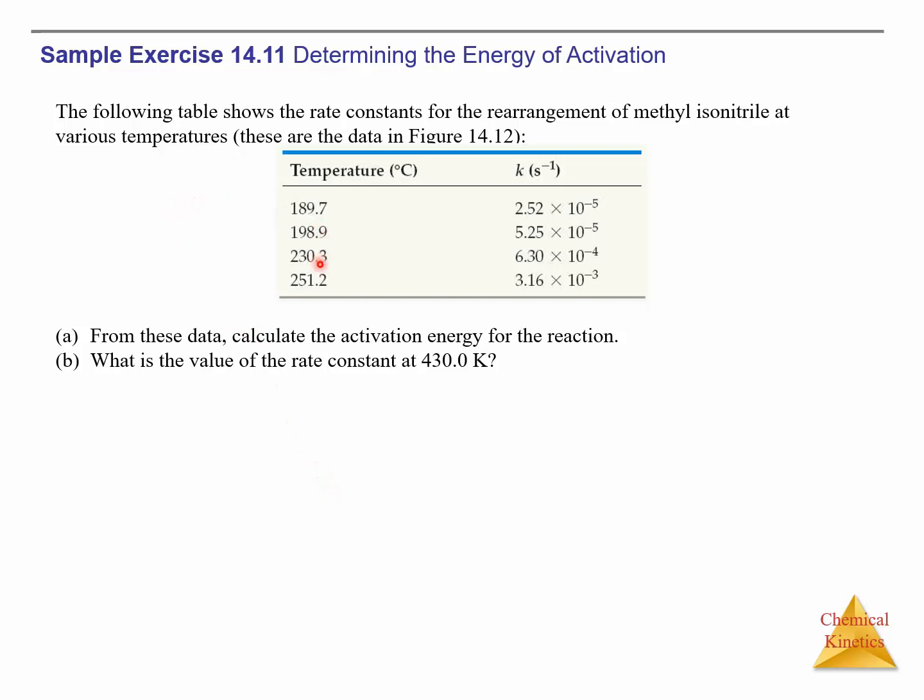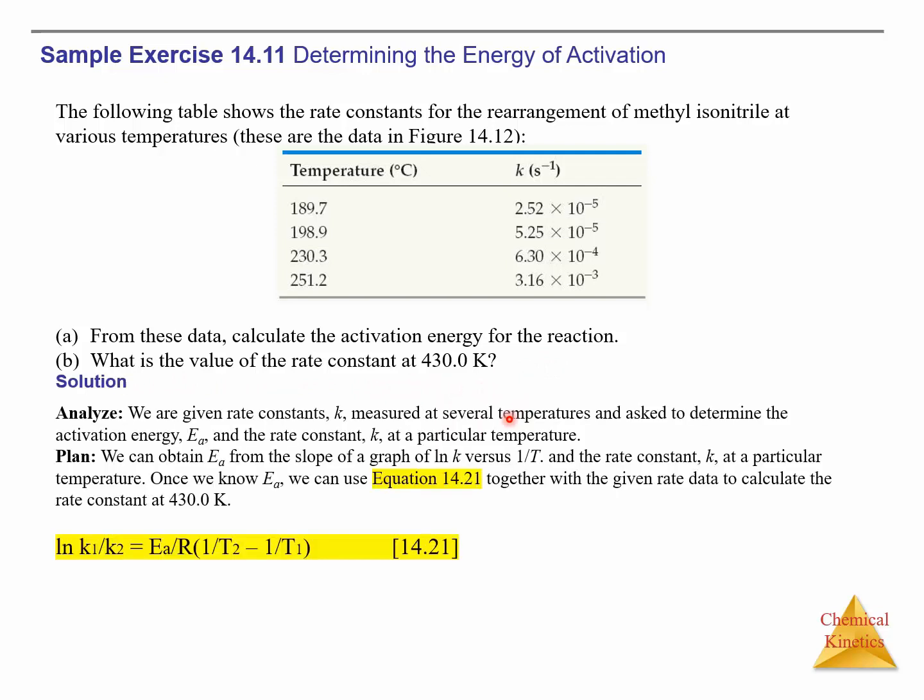Now, if we have the following data for the rearrangement of methyl isonitrile, we have temperature and k. From these data, calculate the activation energy for the reaction. What is the value of the rate constant at the temperature 430 K?